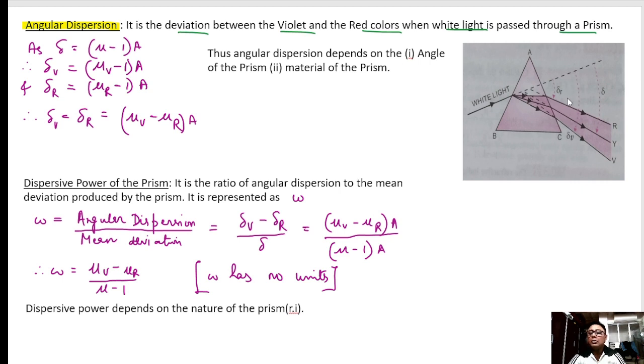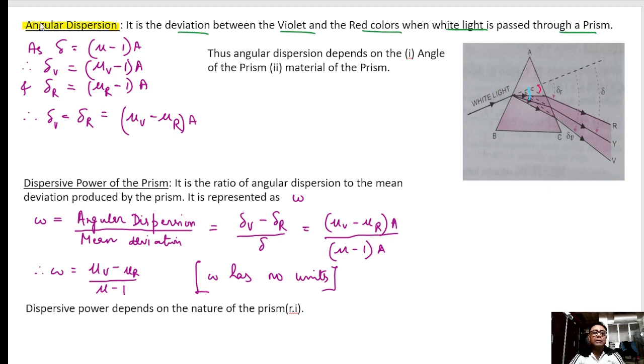Now we know the deviation for the violet will be the maximum. This is the deviation for the violet, and for the red this is the deviation. So the difference in the deviations between the two is called the angular dispersion.